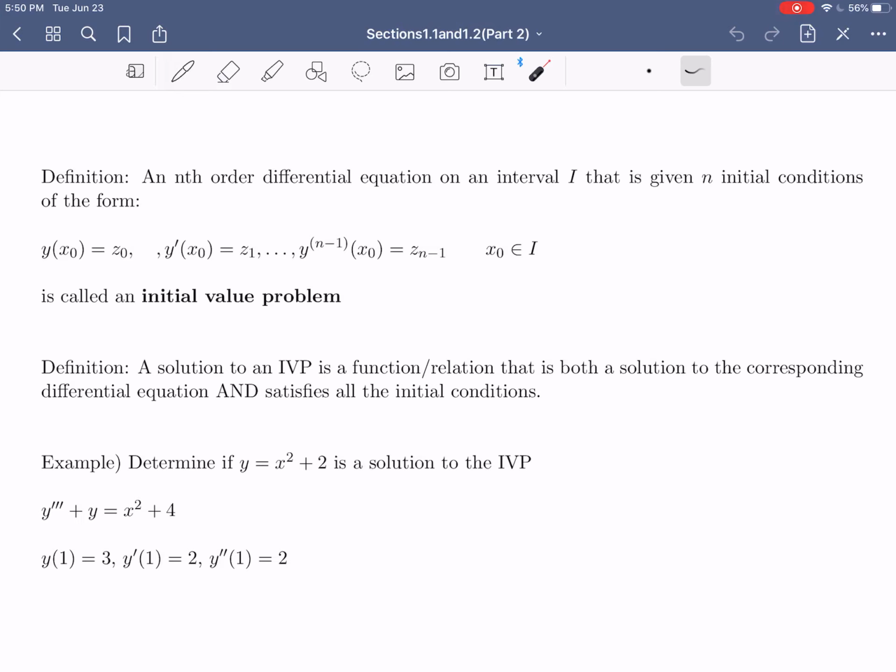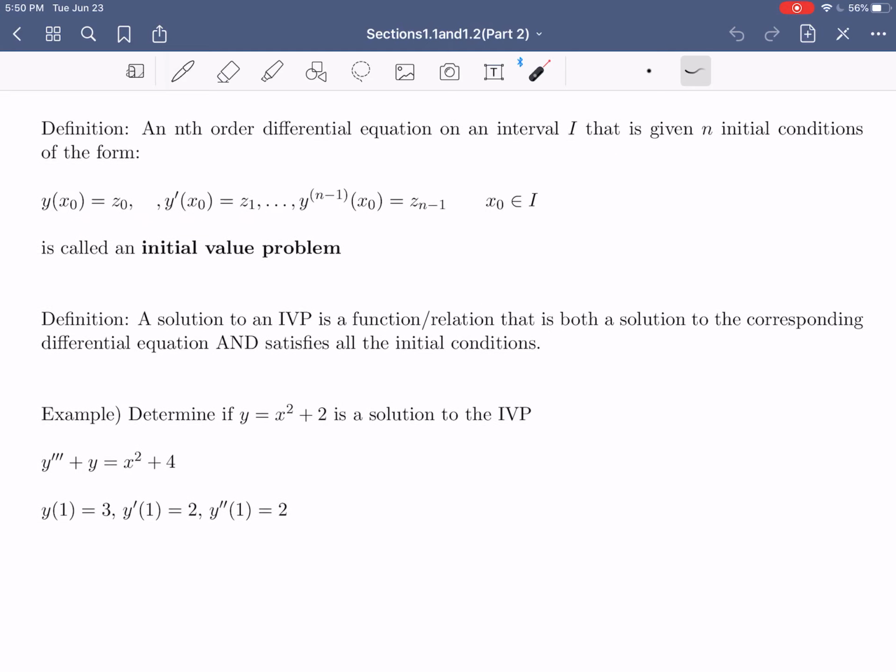Well, if you find a solution to an IVP, which is how we abbreviate initial value problem, the solution to an IVP is a function or a relation that is both a solution to the corresponding differential equation, so you have to solve the differential equation, of course, and you have to satisfy all of the initial conditions. So when you solve an IVP, you're not only solving the differential equation, but you're also making sure that the function has all these properties.